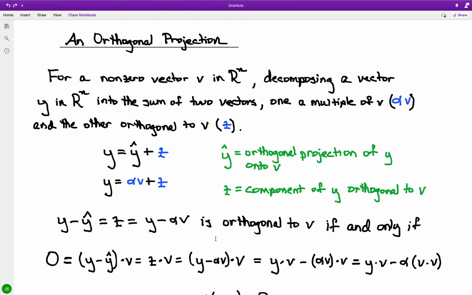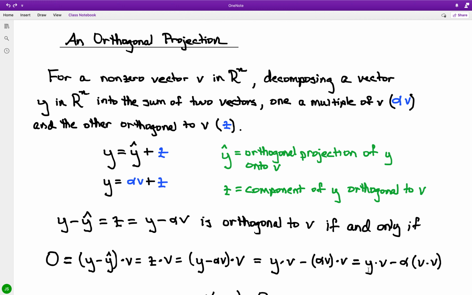Once you follow through, just distributing, you have the dot product between y and v minus the dot product between alpha times v and v, and then taking the associative property, just shifting the parentheses around the two v's.